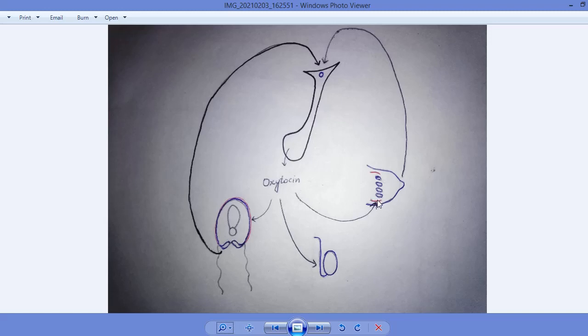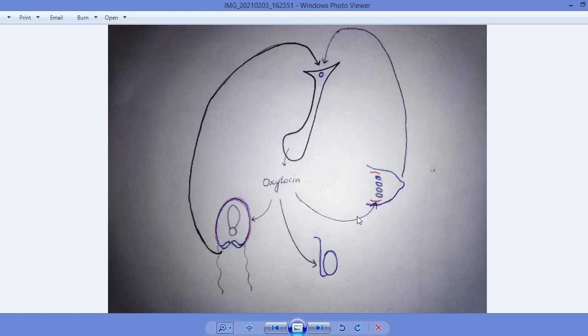These muscles are all around some structures called alveoli, and these alveoli contain milk. The milk production inside these alveoli takes place with the help of prolactin and luteinizing hormone.